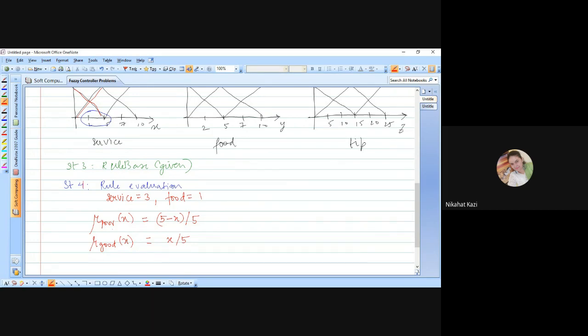So now what we need to do is this service value of 3, we need to substitute here in this and this, right? So you will say poor of 3, what is it equal to? 5 minus 3 by 5, right? That is 2 by 5. What is the value? What is it? 0.4?